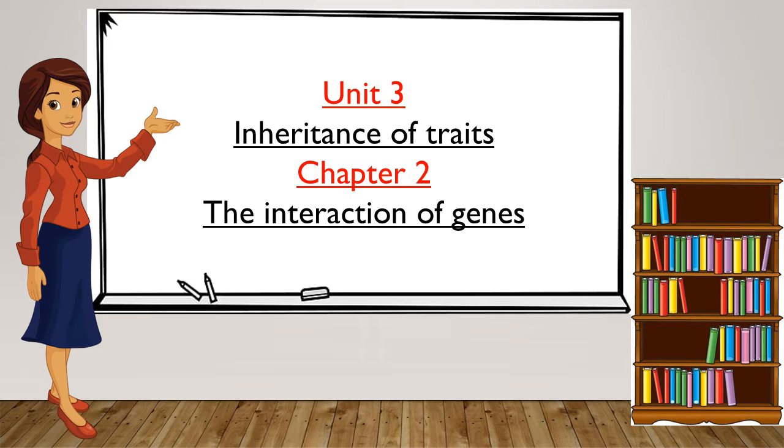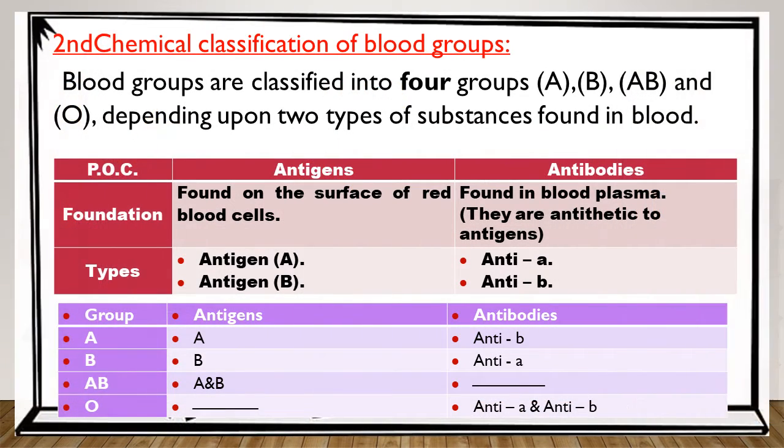Now we are going to talk about the chemical classification of the blood group. Blood groups are classified into 4 groups: Group A, Group B, Group AB, and Group O, depending on 2 types of substances found on the blood.